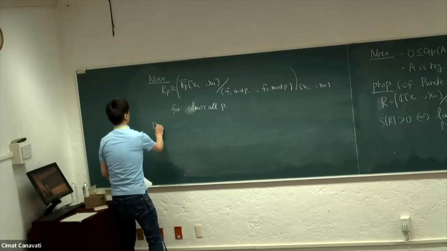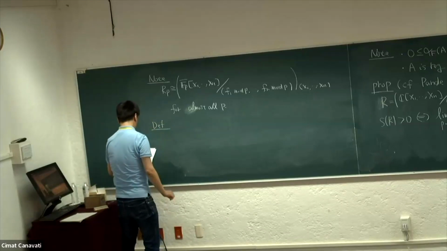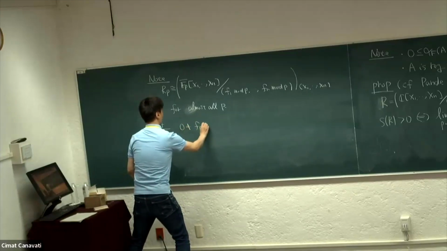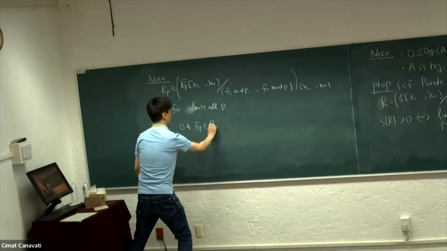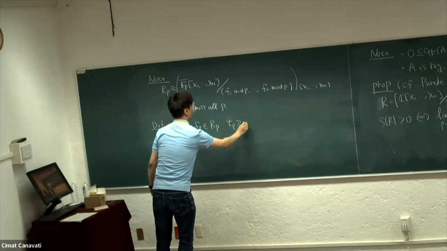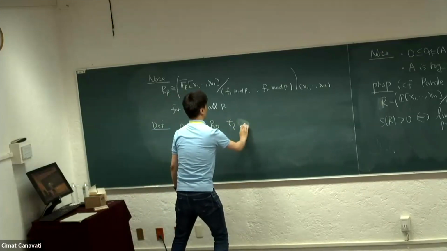Okay, then now let me explain ultra F-regularity. I choose f sub P in R sub P randomly, and t sub P also positive; t sub P is a positive real number.